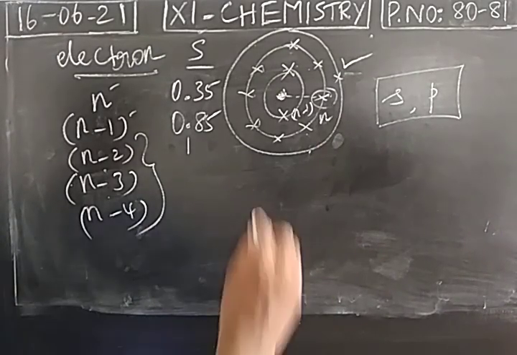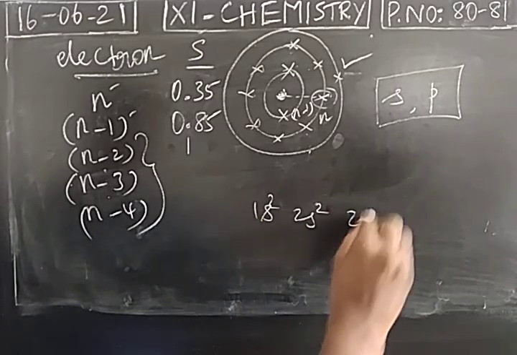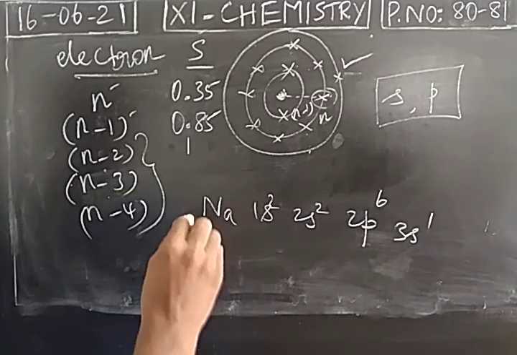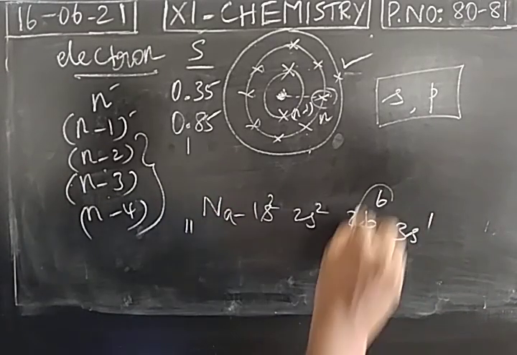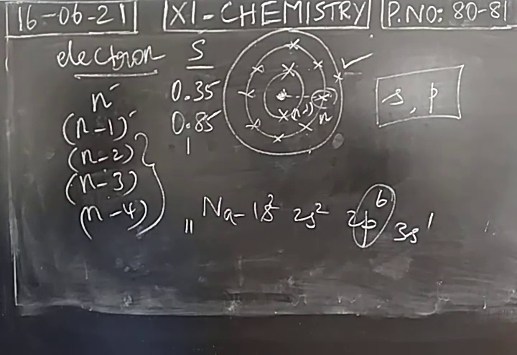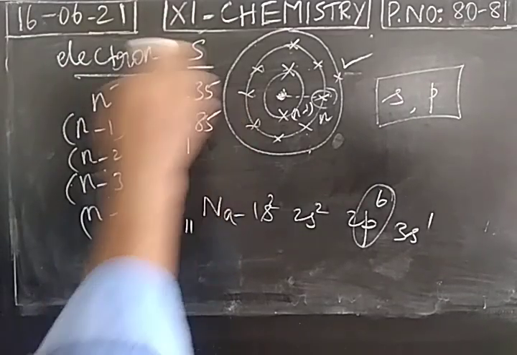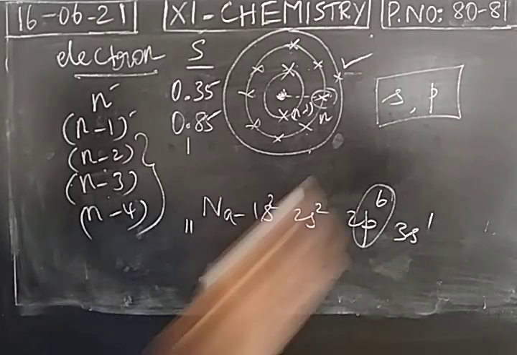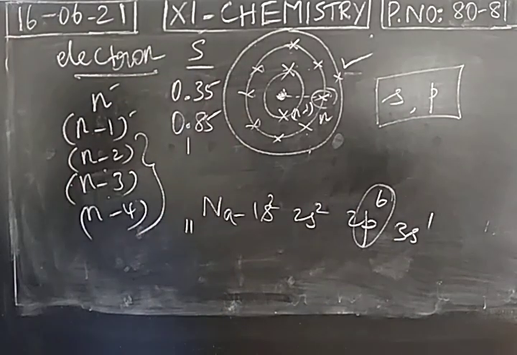A P electron, isn't it? 1s2, 2s2, 2p6, 3s1 for sodium. I am selecting an electron in the P orbital. For that, this is the value. So when we select an S electron or P electron, this value is correct.